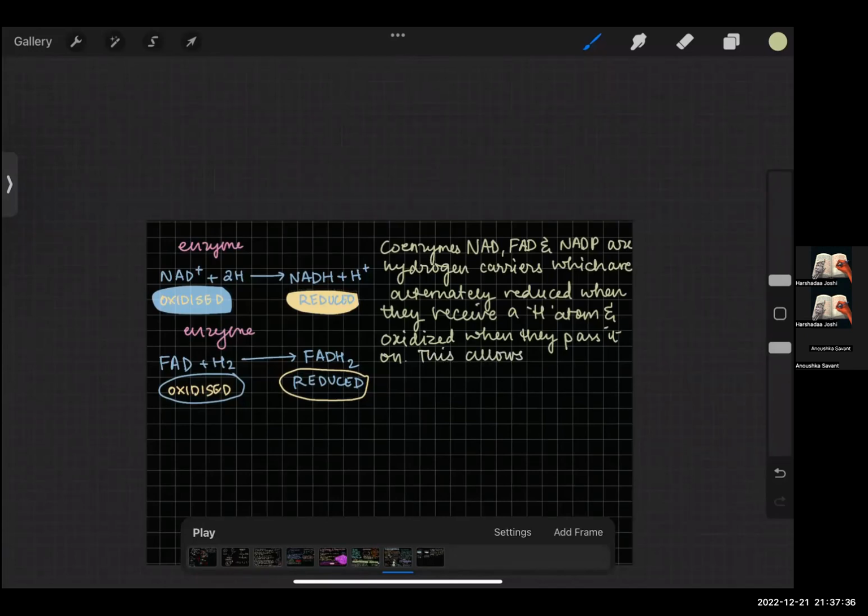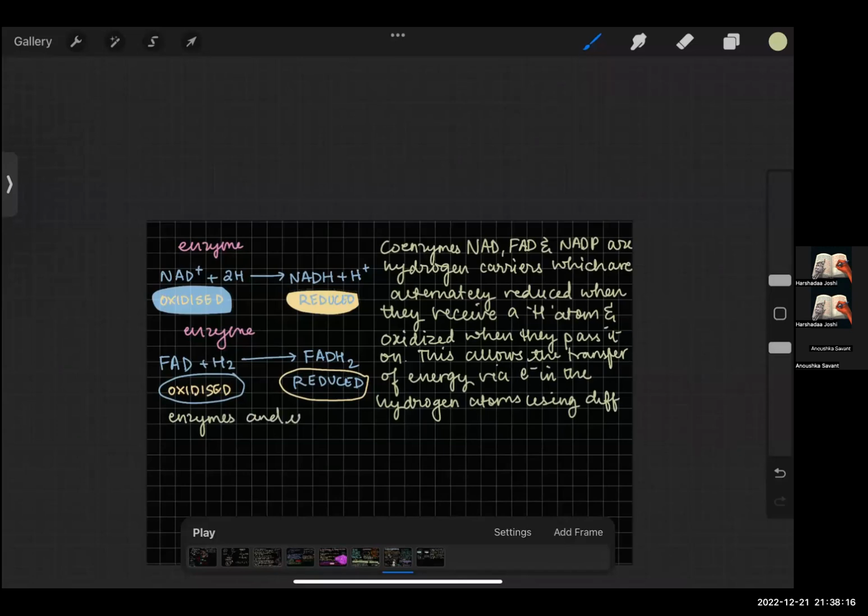This allows the transfer of energy via electrons in the hydrogen atoms using different enzymes, and is an important part in metabolic pathways.